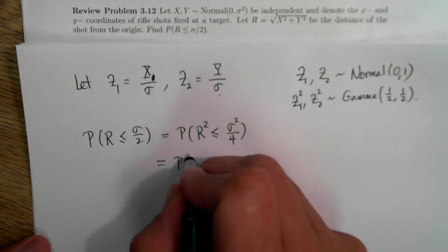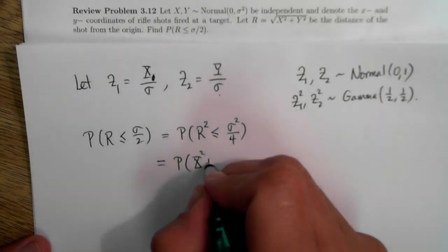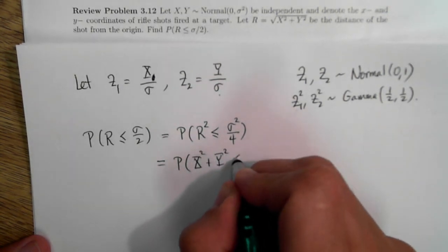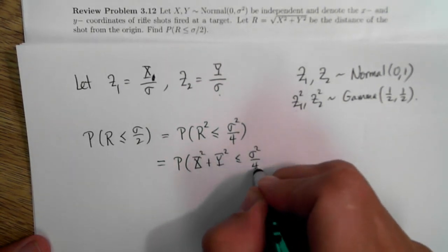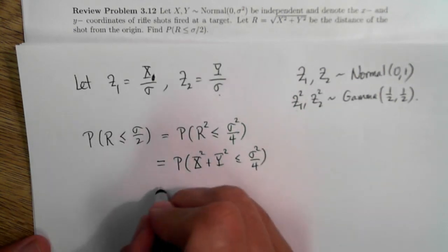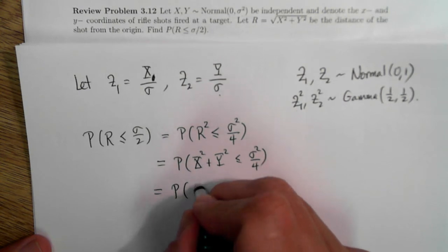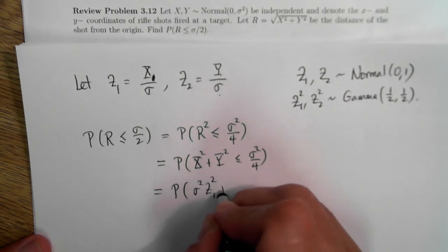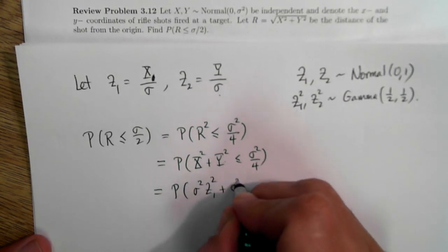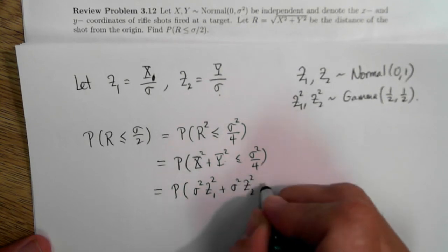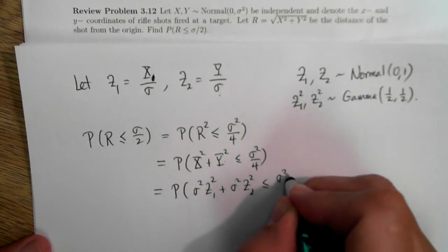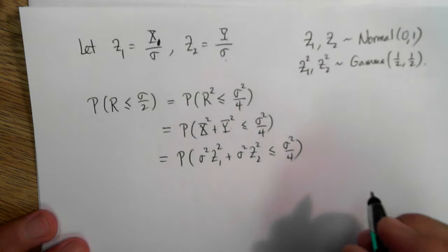Now r squared is x squared plus y squared, and that has to be less than or equal to sigma squared over 4. And by definition here, x squared is equal to sigma squared times z1 squared, and y squared is sigma squared times z2 squared. So that has to be less than or equal to sigma squared over 4.